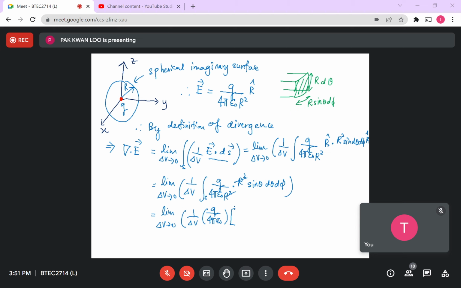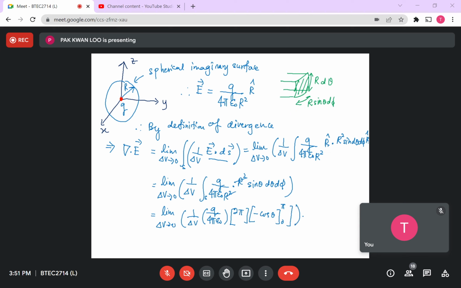Evaluating phi is 2 pi, and evaluating sine theta is negative cos theta with the limit from 0 to pi, which gives me 2. Yeah, it gives me 2. So 2 times 2 pi is 4 pi.